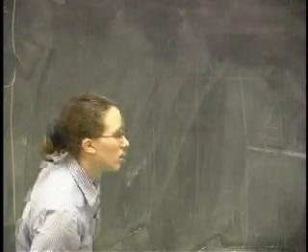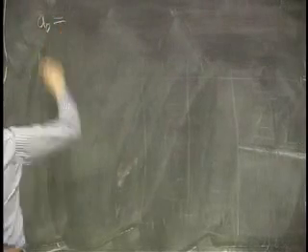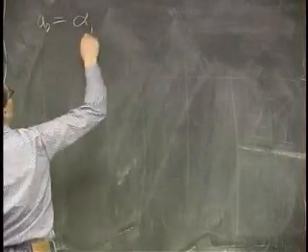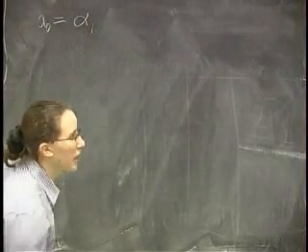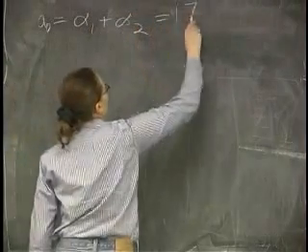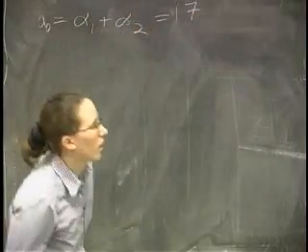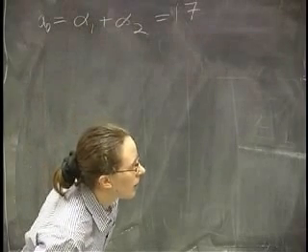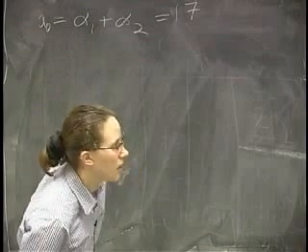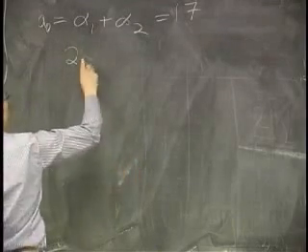A0 is alpha 1 times 2 to the 0, which is just alpha 1, plus alpha 2 times minus 1 to the 0, which is just alpha 2, and this is supposed to be 17. And A1 is supposed to be 23, which is also 2 alpha 1 minus alpha 2.